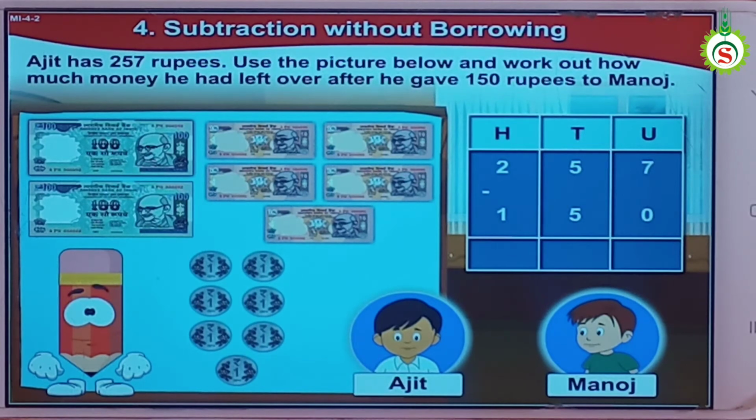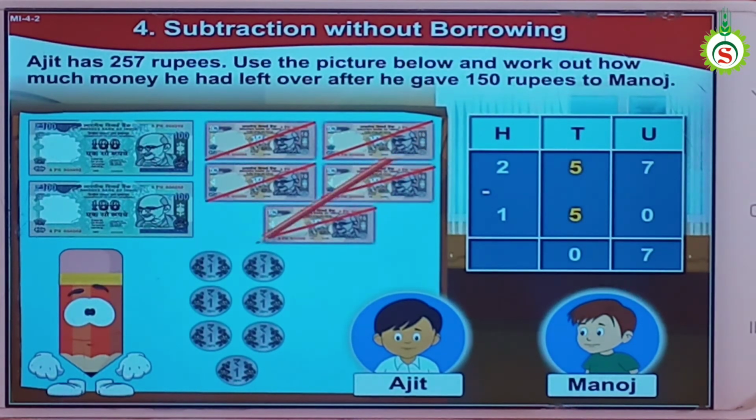For subtraction, let us see the units first. Now 7 units minus 0 units would be 7 units. So all these 7 coins remain as they are. Now let us see the notes of 10 rupees. 5 tens minus 5 tens, we are left with 0 tens. So no 10 rupee note is left.